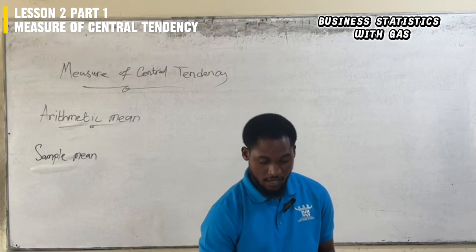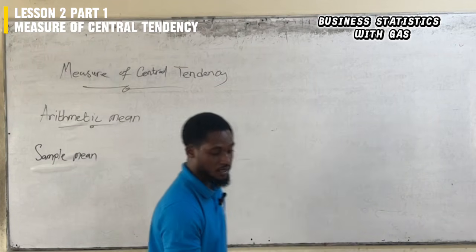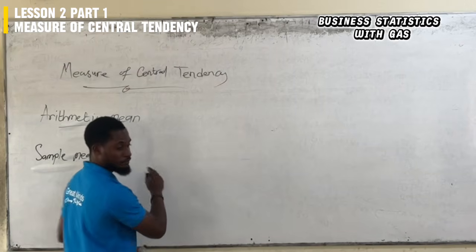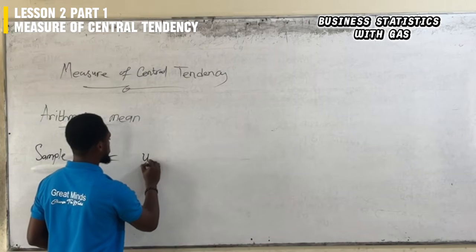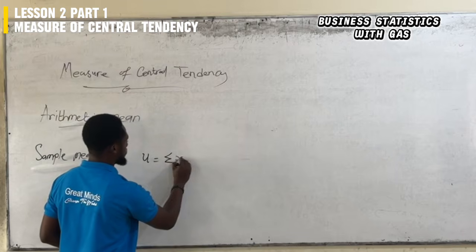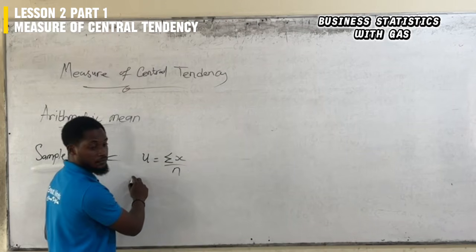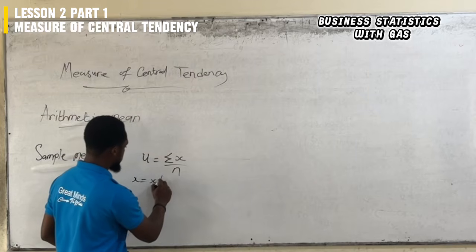So its formula is also the same as that of the population mean, where the x is the x bar.